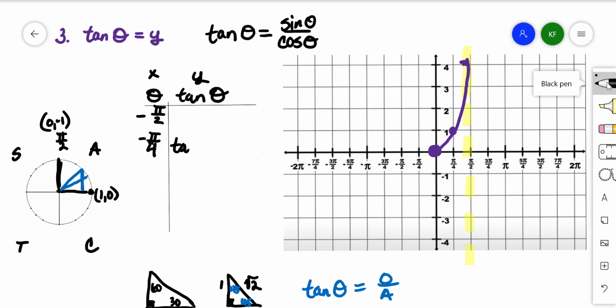So tangent of negative pi over 4 is the following. We're now going in the opposite direction. And I'm saying opposite because remember, opposite is not reciprocal. Opposite is really a sign value. So I'm going in the opposite direction, and I'm going to go to 45 degrees here because that's pi over 4. So I know, again, I'm using that triangle, so I just have to watch my signs.